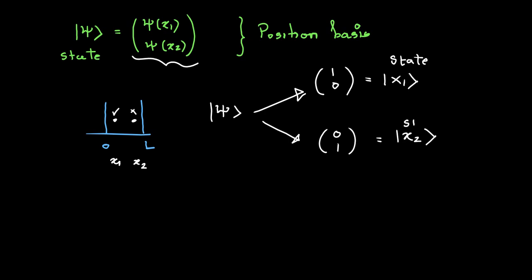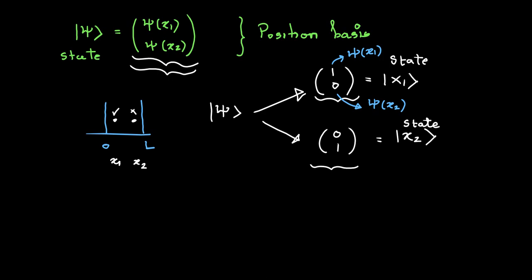So these are basically states, but the moment I write these numbers, then I am mostly working in the position basis. So what is this 1? This 1 is nothing but psi of x1, which is 1, and the square is 1. Thus the probability of finding the particle at location x1 is high, and the probability of finding the particle at location x2 is almost 0, right?